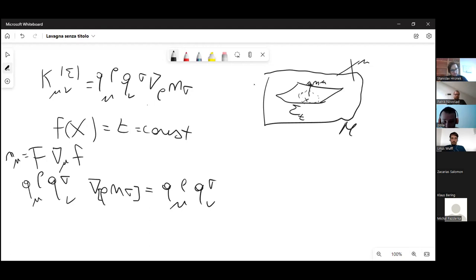Now we write this using this formula here, and we apply this nabla on the f here, and also on the other part. Yeah, you forgot the capital F. Oh, sorry, yes.